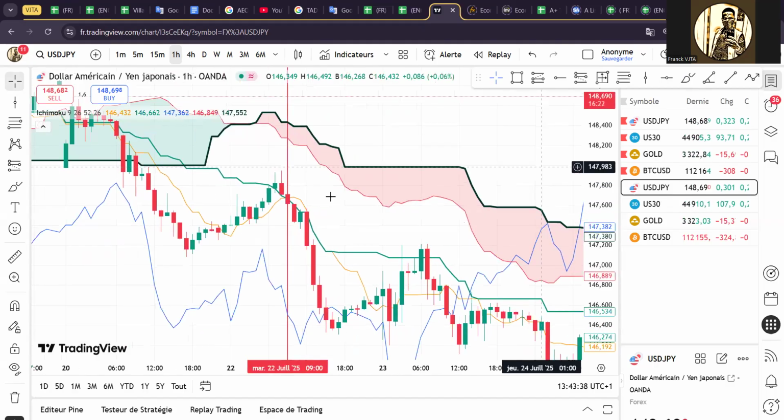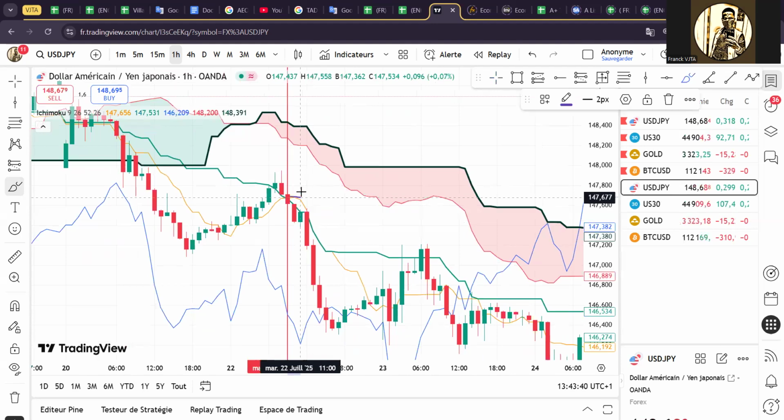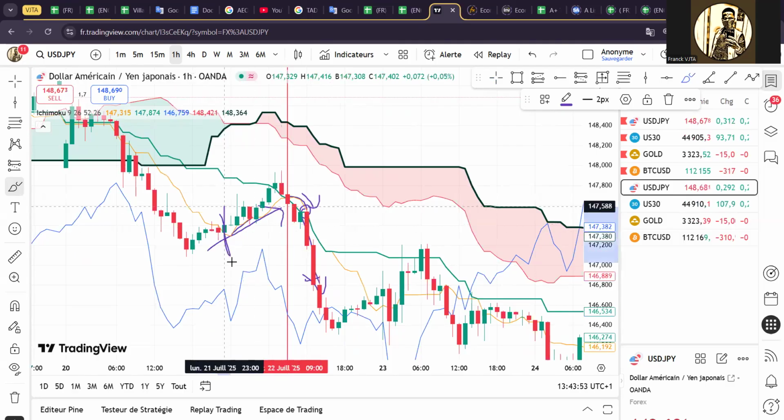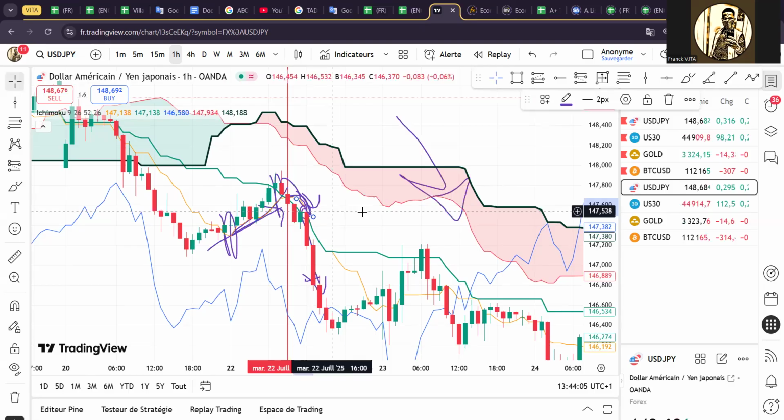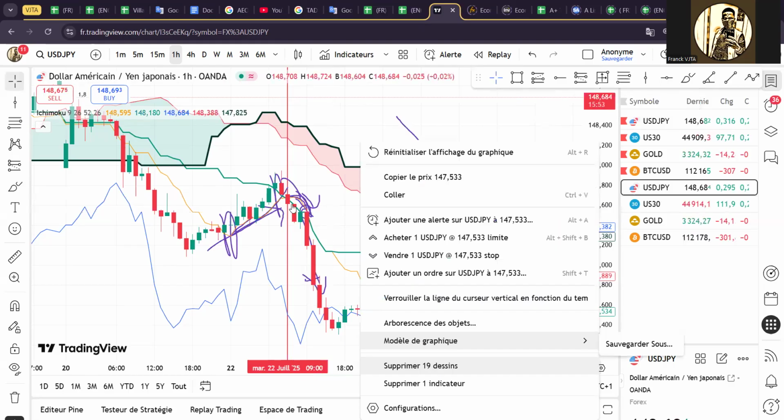Mostly when you see this Tenkan bending down like this, sell this one. You may think that the buy will continue because H1 Tenkan is bent to the upside from this candle till here. You may think that the buy will continue, but the H4 TK cross is to the downside, and H1 starts bending down like this. Sell.